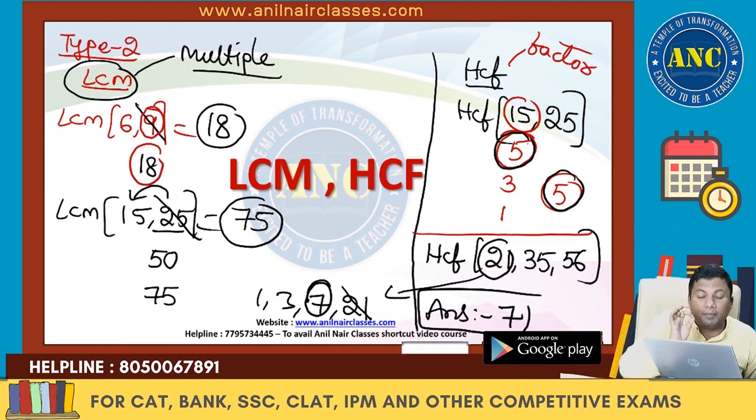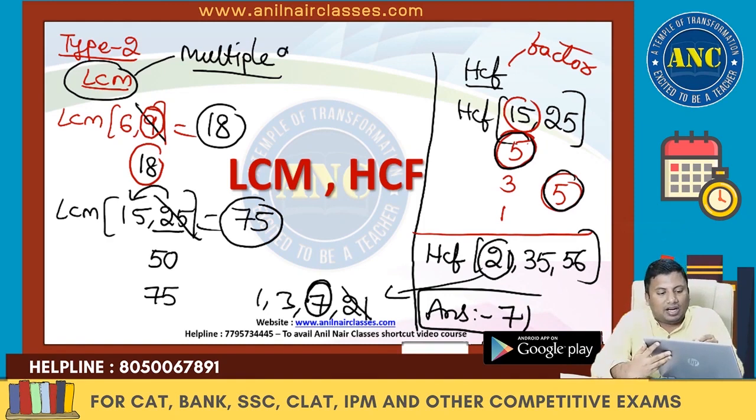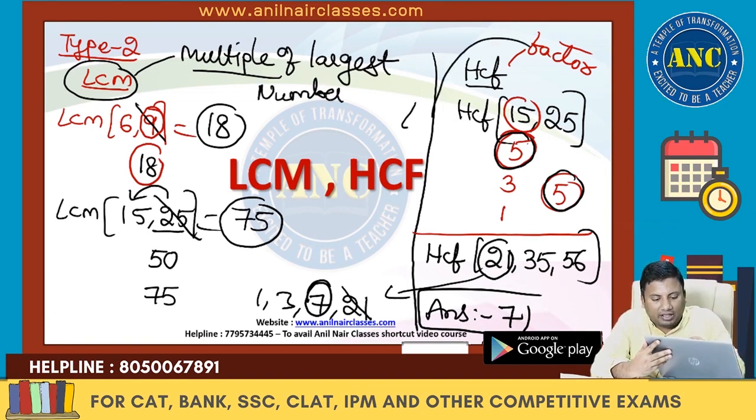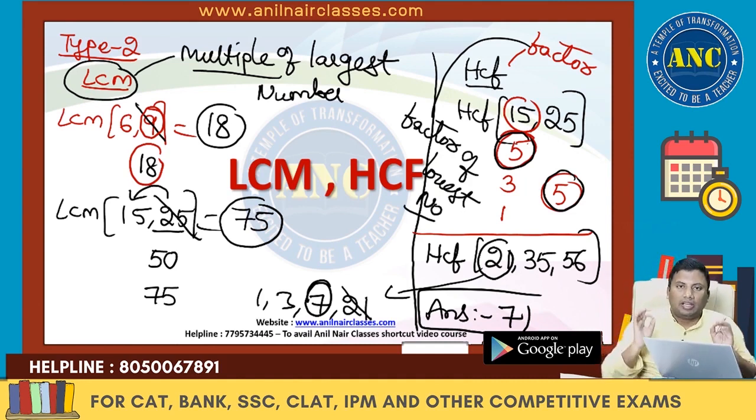In LCM, I will take the multiple of the largest number. In HCF, I will take the factor of the lowest number. No difference, both are the same. Whatever we did in method number 2 of LCM, the same method 2 can be used in HCF.